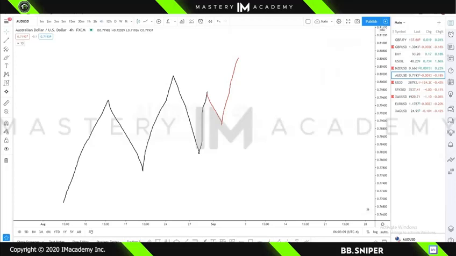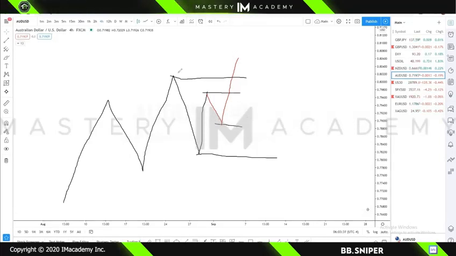What we currently have here is what is known as a range inside of a range. We have a smaller time frame higher low inside of a higher time frame range. The 4 hour range would be from here to here, but then we have a 1 hour range, from here to here, inside of that.